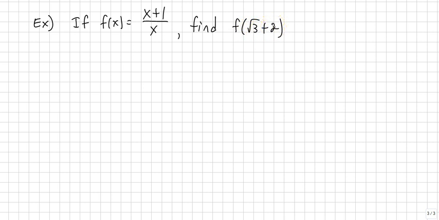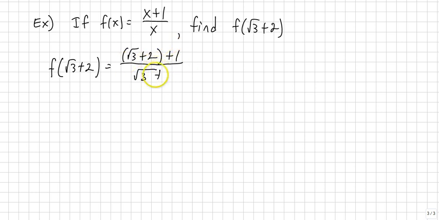So we've done this many, many times. We're just going to plug in square root of 3 plus 2 for x into the function. So f of the square root of 3 plus 2 would be square root of 3 plus 2 plus 1 divided by square root of 3 plus 2.